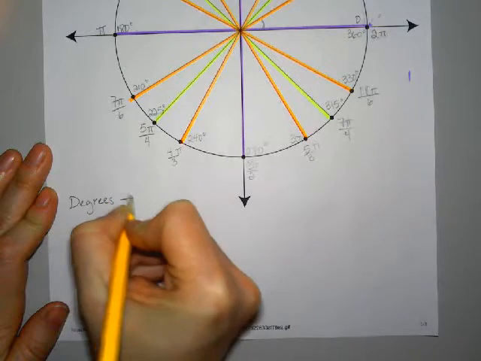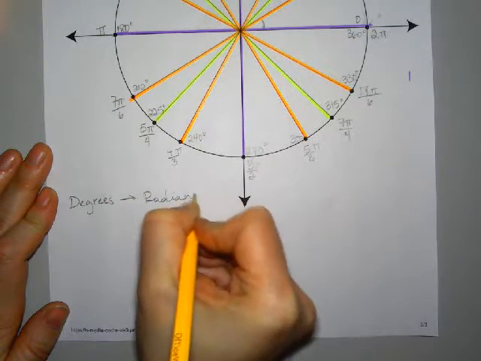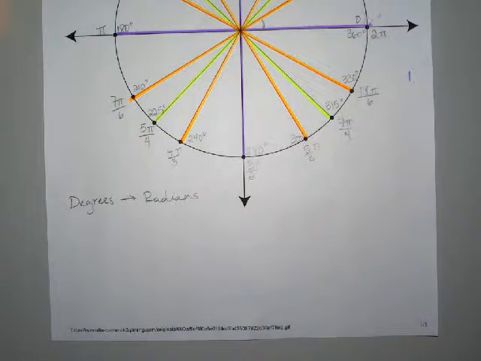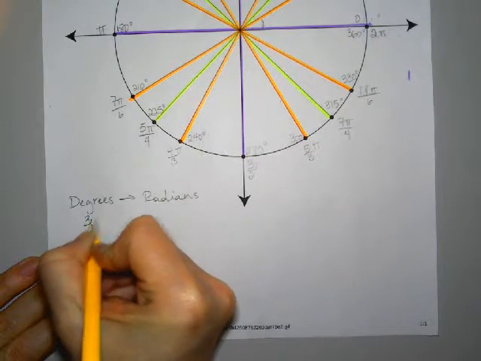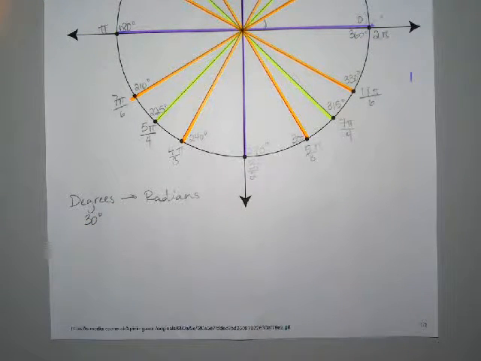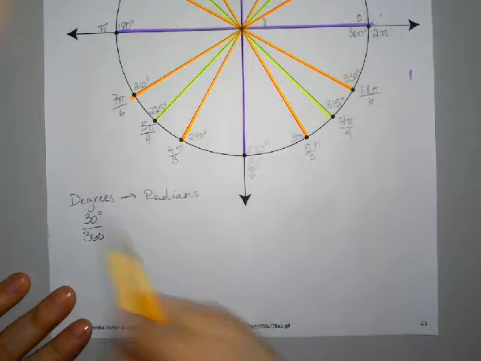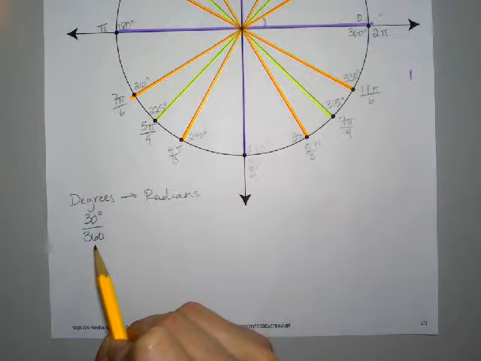Can we reduce that formula, the 2 pi over 360? Yeah. 2 and 360 are both divisible by 2, so this can be degrees times pi divided by 180. And generally speaking, we're going to leave things in terms of pi.